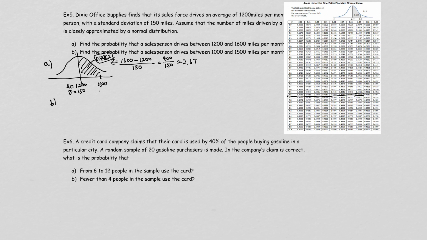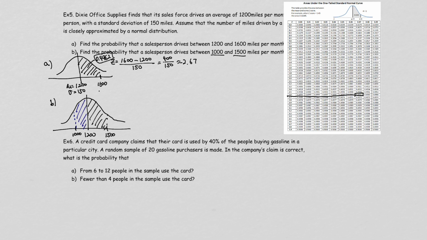What about B? This time the mean is 1,200, but they want you to find the probability between two values. So 1,000 is smaller than 1,200, and then you have 1,500. It looks like you need to find two areas, one on this side and one on the other side.